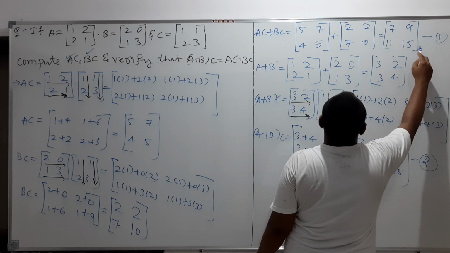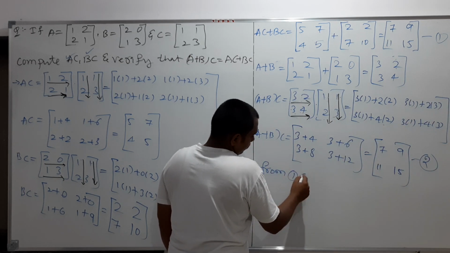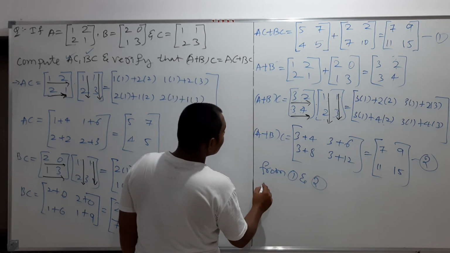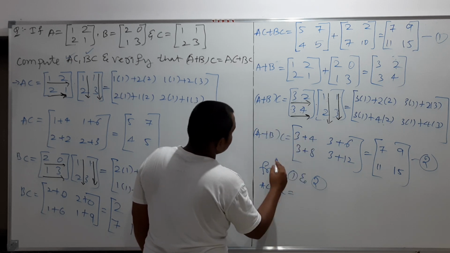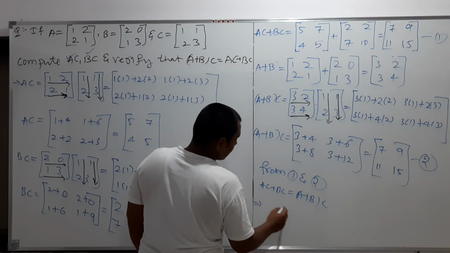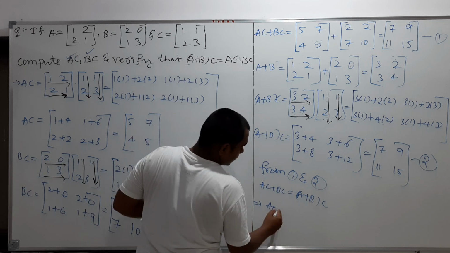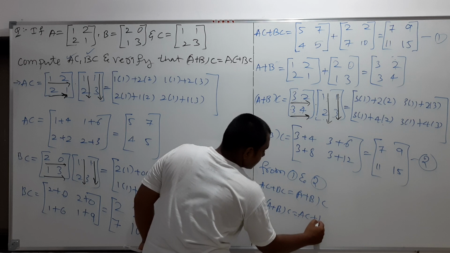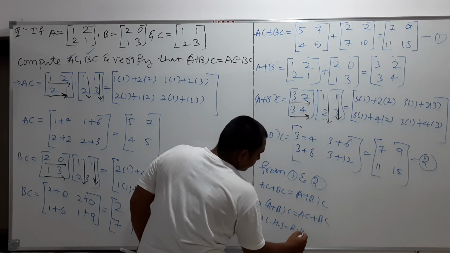My dear students, we can observe that from 1 and 2, AC plus BC is equal to (A plus B) into C. So this is what we wanted to prove: (A plus B) into C is equal to AC plus BC, LHS is equal to RHS.